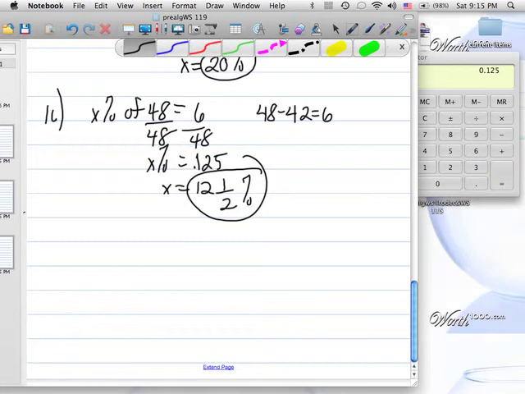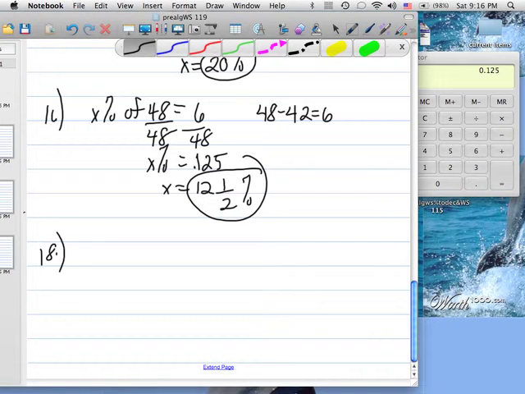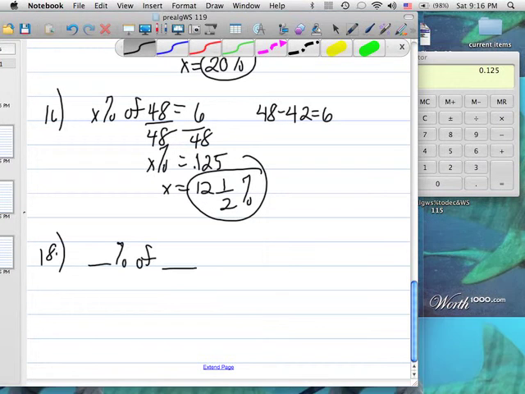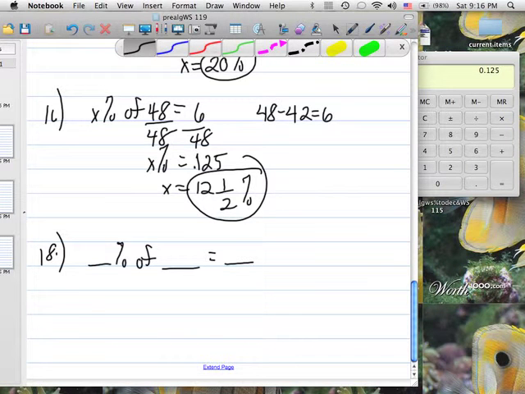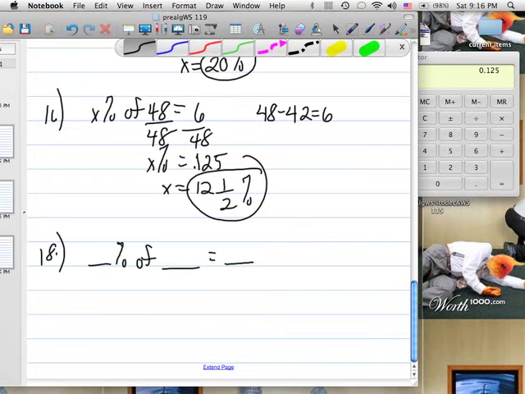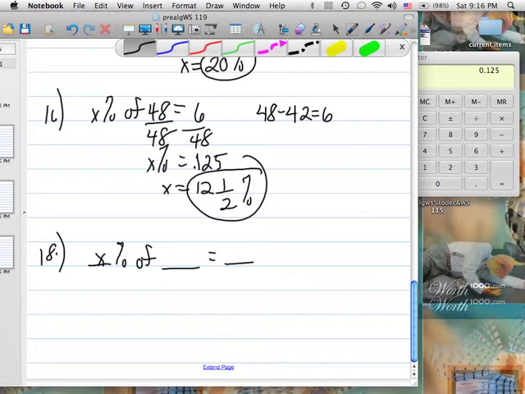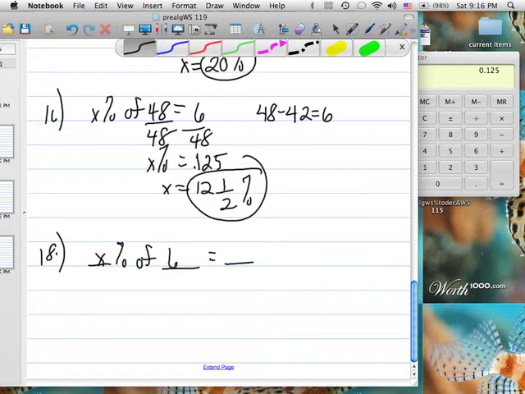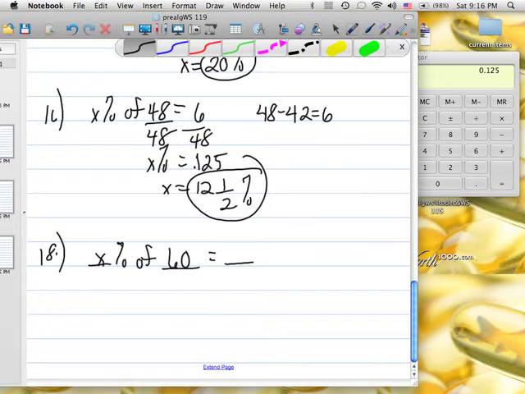Problem number 18. We got blank percent of the original amount equals the increase or decrease. So in June, Gary's appliance store sold 60 telephones. In July, the store sold 72. Find the percent of increase. So we're looking for the percent. In June they sold 60, and in July they sold 72.